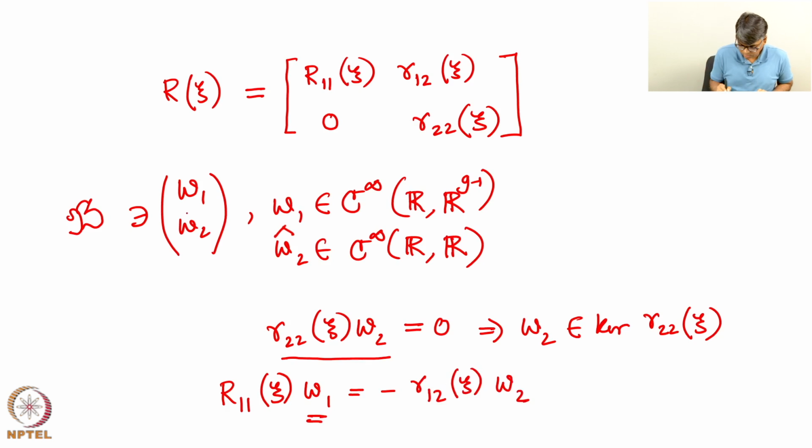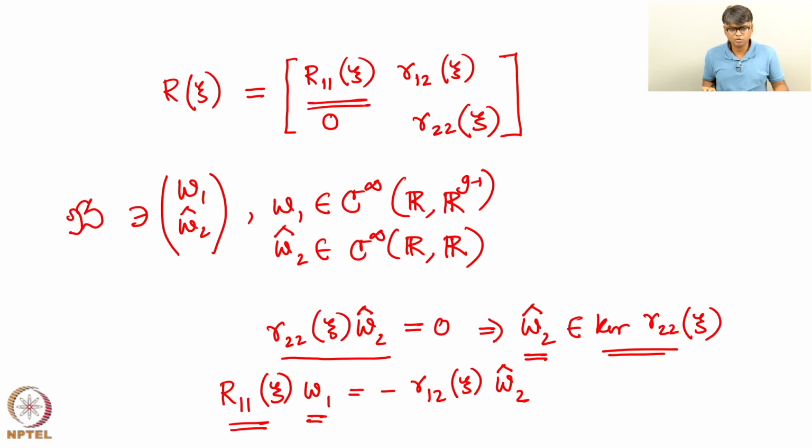Namely, let me call this w2 hat, to distinguish that w2 hat is this particular trajectory that we have chosen to be in the kernel of R22. Can we have a w1 that satisfies this? The answer is yes. You see, because R11 is a square matrix, and because we are assuming R has non-zero determinant, the determinant of R11 must also be non-zero.